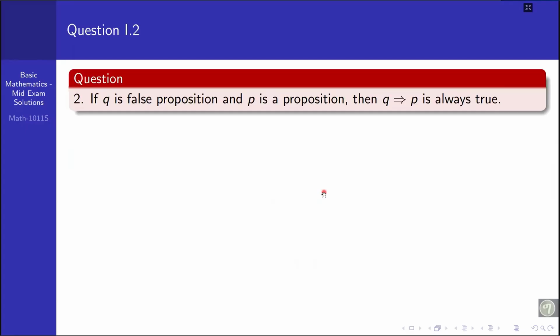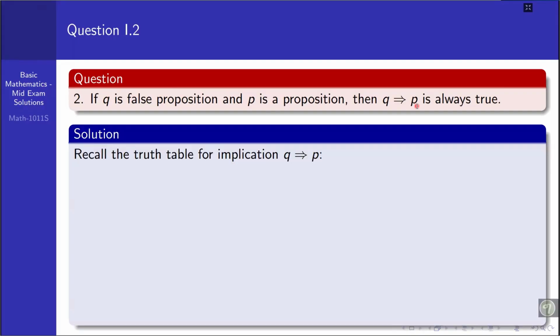Second question, question number 2: if Q is a false proposition and P is a proposition, then Q implies P is always true. Remember the rule that must be applied to determine the truth value of a logical implication of this form, that is Q implies P. In this case, we can see this by preparing a table.